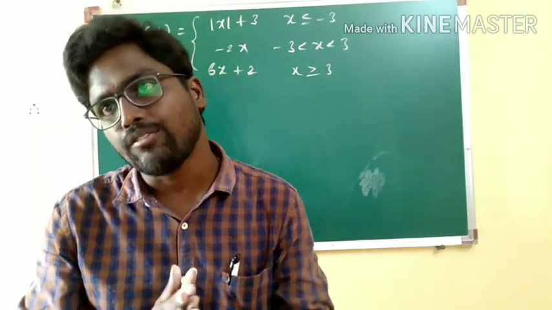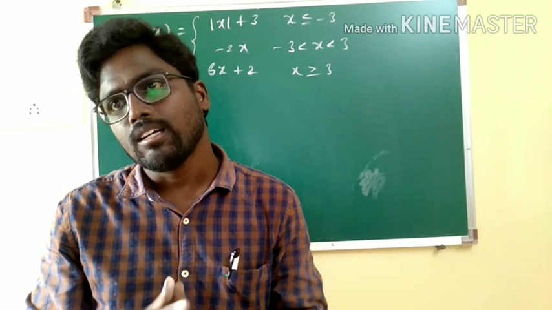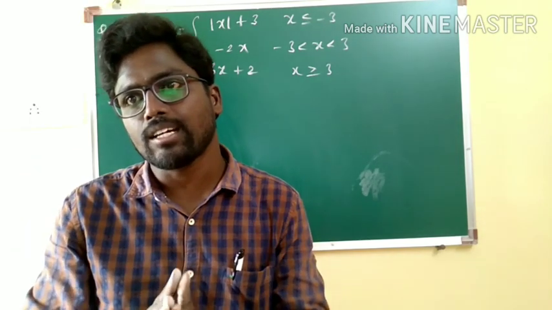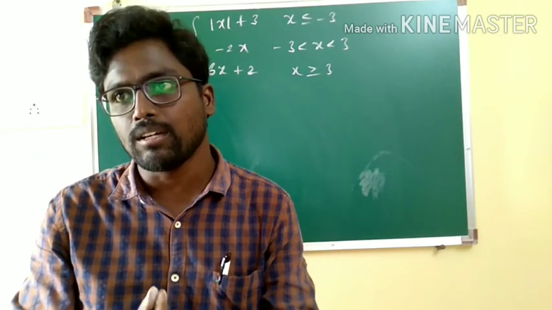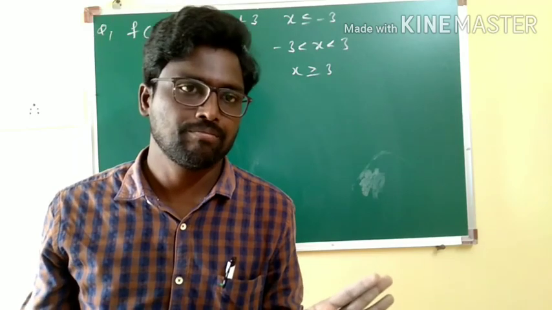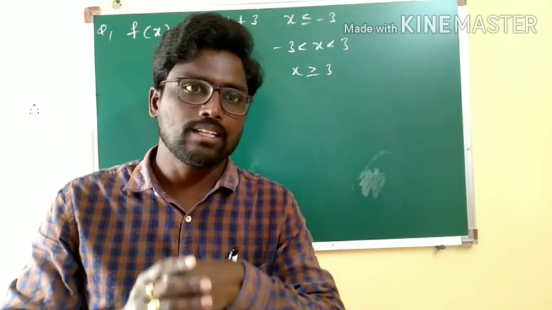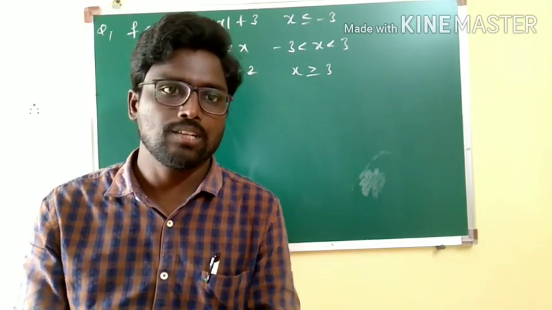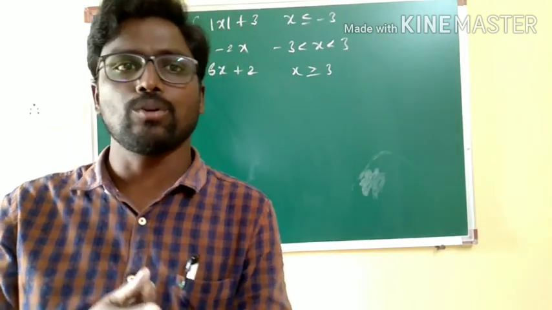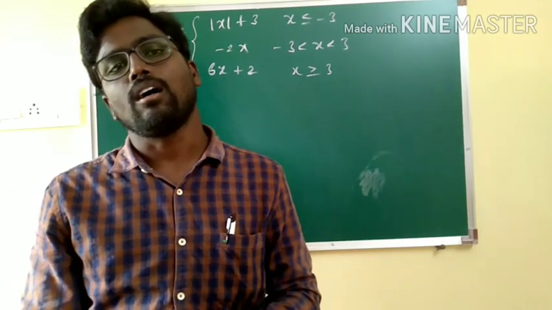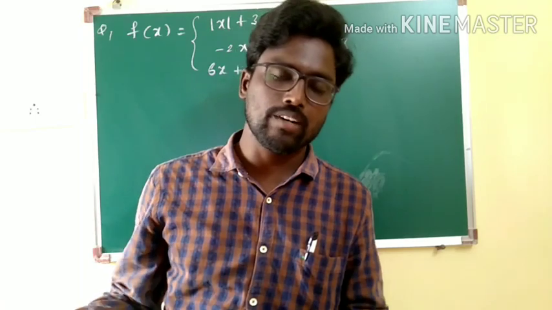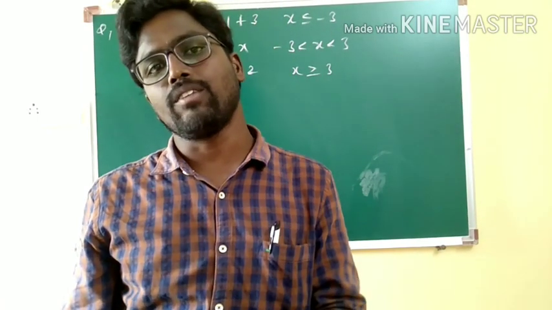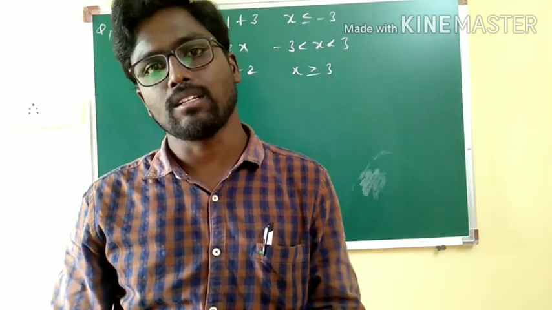And if you see the intervals, the point at which the given function is discontinuous will be the point of discontinuity. Let's say at x equal to 3, if you calculate the left hand limit is not equal to the right hand limit, or both are equal but not equal to the function value, then you will say the point of discontinuity is x equal to plus 3.